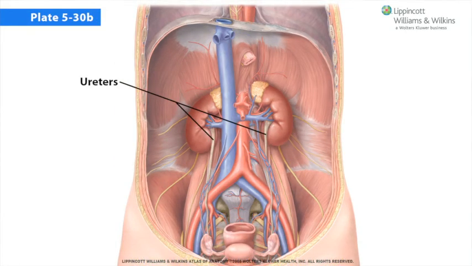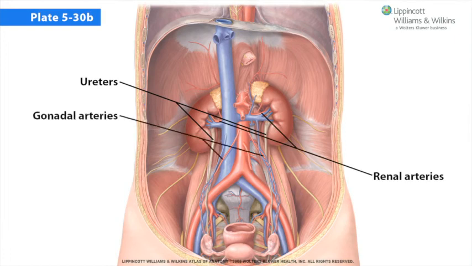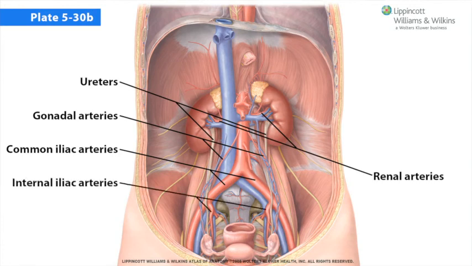The blood supply to the ureters may come from various sources along its length, including branches from the renal arteries, the gonadal arteries, the common iliac arteries, or direct branches from the aorta. Blood supply to the pelvic part of the ureters is provided by branches from the internal iliac arteries.